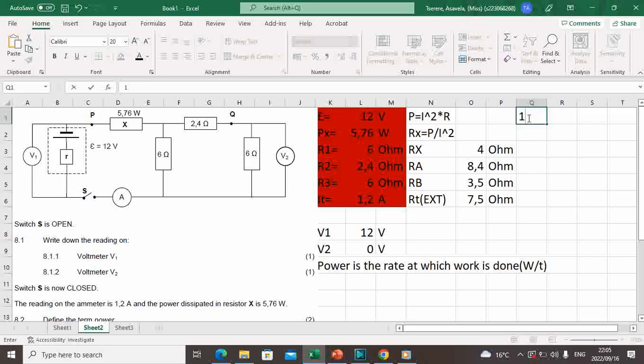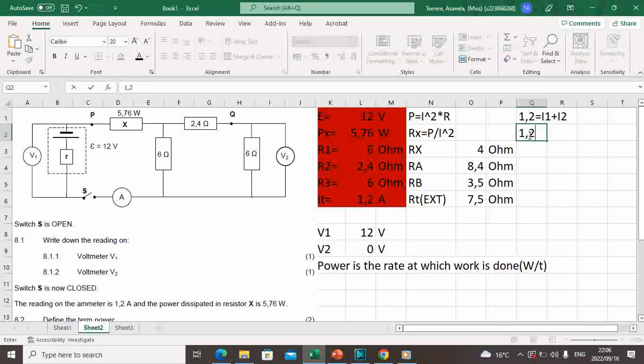So 1.2 ampere will be divided into I1 plus I2. I1 is the current that flows in this part, and I2 is the current that flows through these two resistors. So we are looking for I2, but now we have an unknown of I1. But how can we find I1?